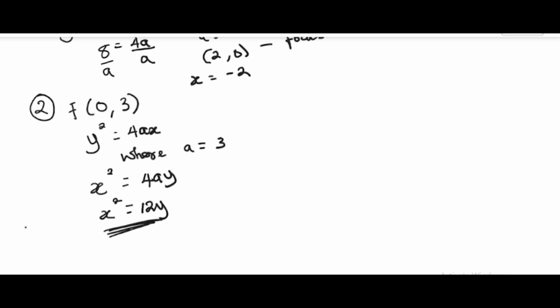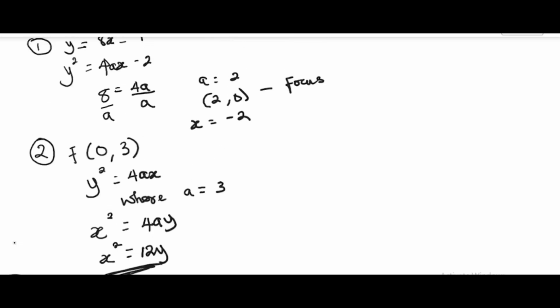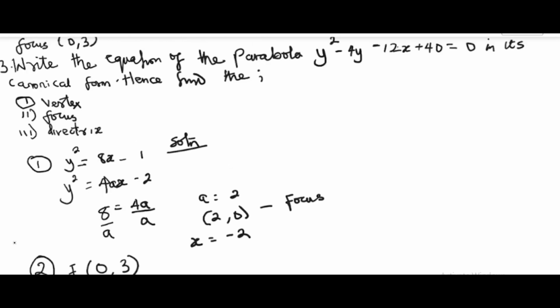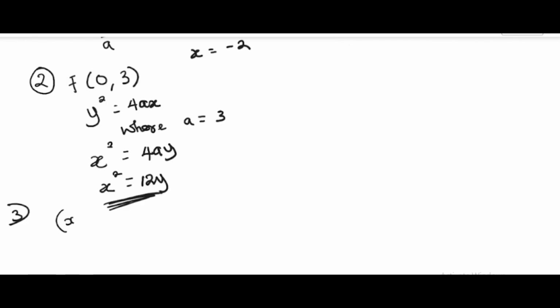So now let's look at the main question in today's class. We are to write the equation of the parabola in its canonical form. So that means the forms we have been using: (x minus h) squared is equal to 4a(y minus k), where h is the vertex on the x-axis.